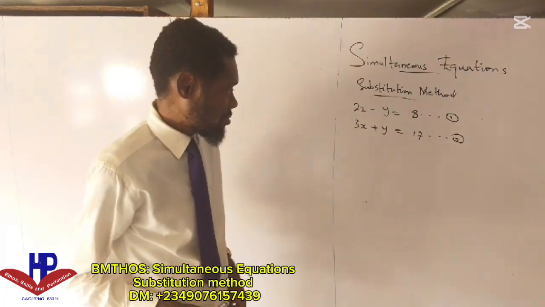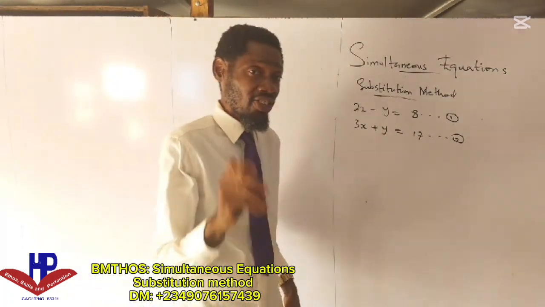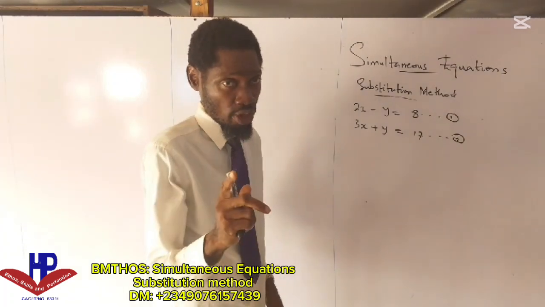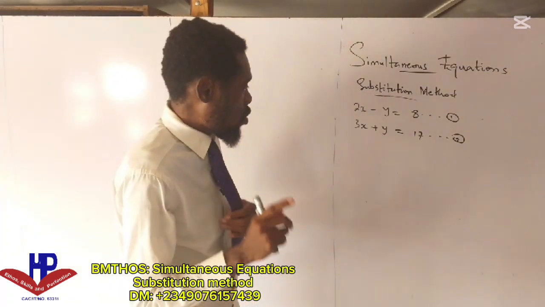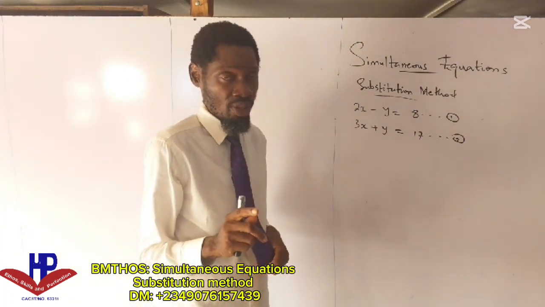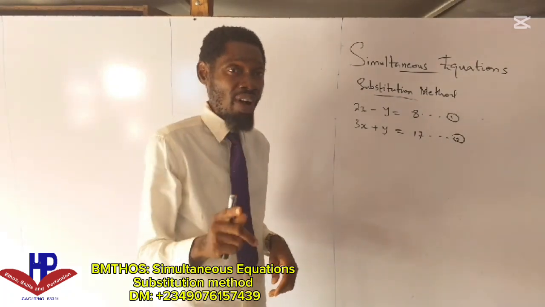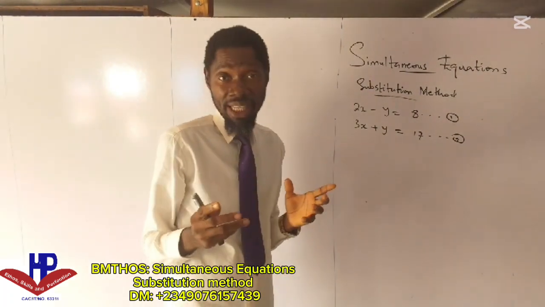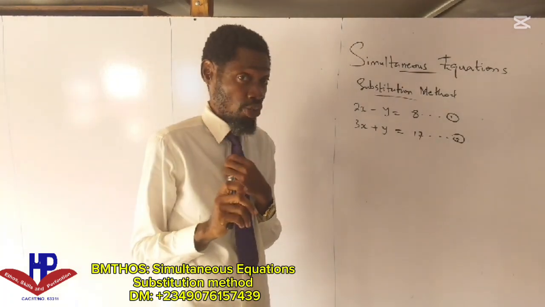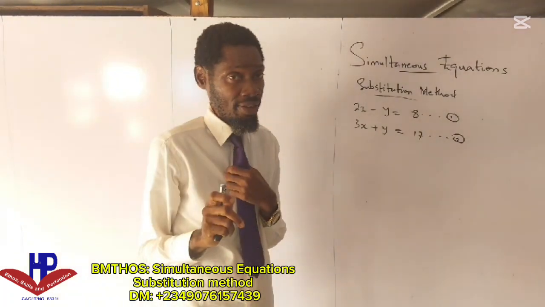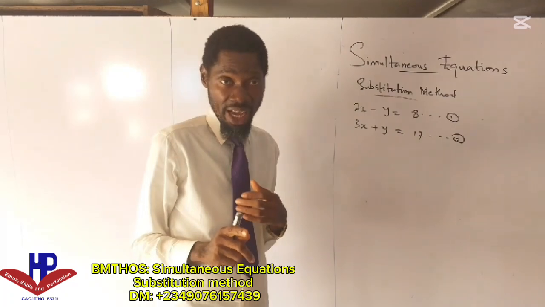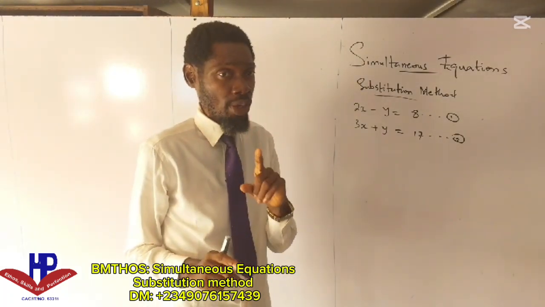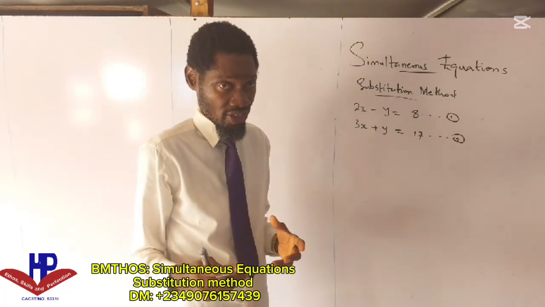Now listen carefully. You're going to decide the equation you want to start with in this method. And whatever equation you've decided, you're going to make one of the variables the subject of formula. And I want to believe you do not have issues with subject of formula. But if you do, then get the teachings that have to do with subject of formula to have a better understanding.